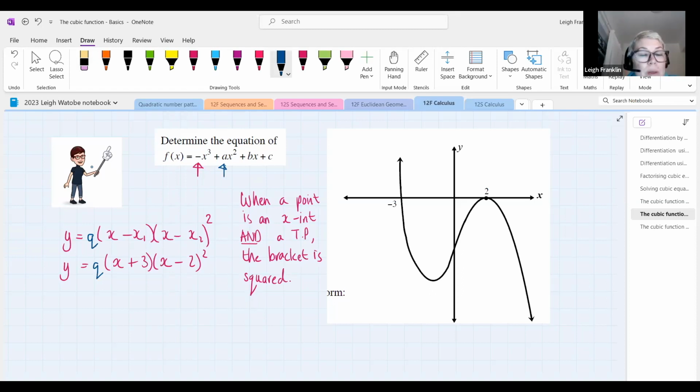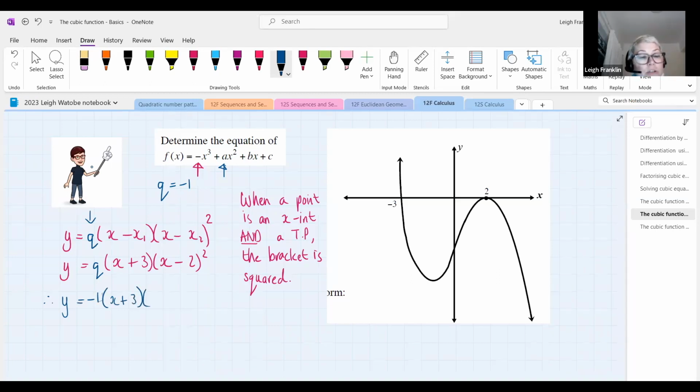So what they're implying here is that q is equal to -1. So over here, I can sub in my -1. I don't have to work that out first, because this has been given to me.